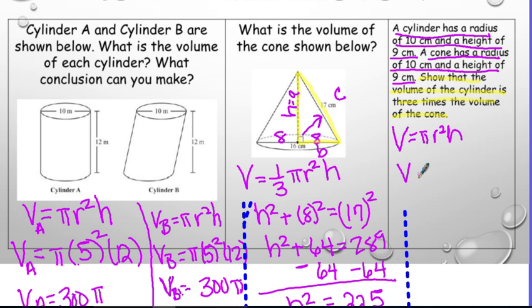And my volume for the cone would be 1/3 of pi r squared times the height. So I'm going to work with each piece of information here. So volume equals pi, volume for that cylinder. The radius is 10, so I'm safe to just put that in. And the height is 9.